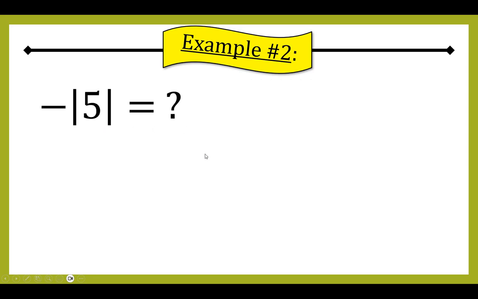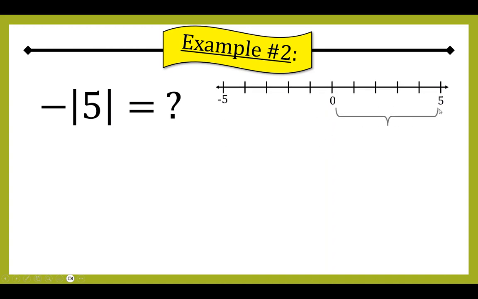All right, let's look at an example where the negative is outside of the absolute value bars. So this example states negative absolute value of 5. So if I look at a number line, 0 to 5, I know that the distance is 5. So that means that this right here is 5. And again, this negative is on the outside.